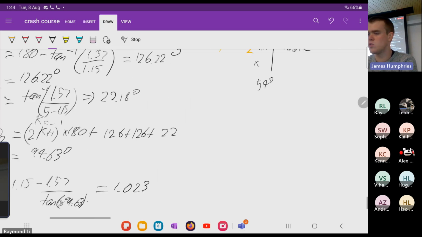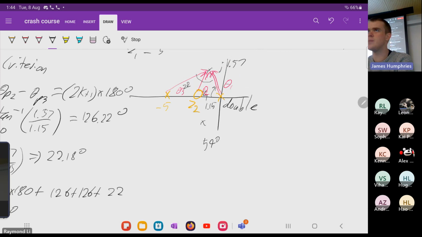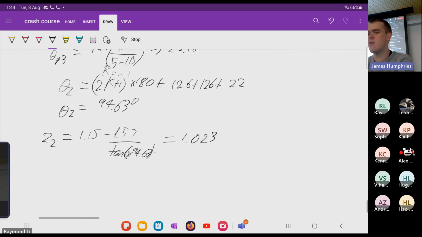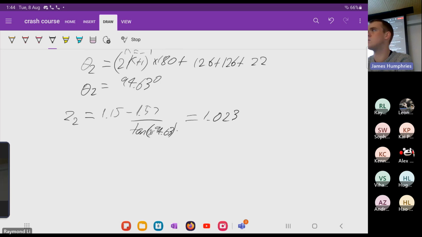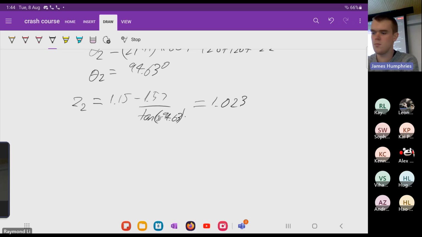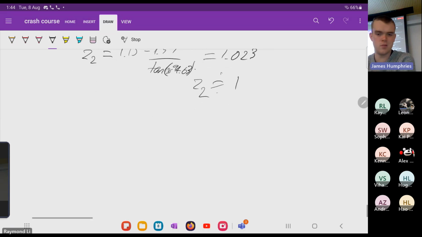And that seems reasonable because it's just on that side, somewhere between the 0 and 5. Happy with that? Cool. Then I'd sit here and say Z2 is basically 1. It's close enough. You don't have to, but you could say it's 1.